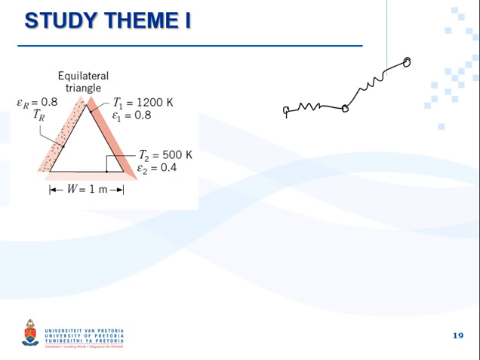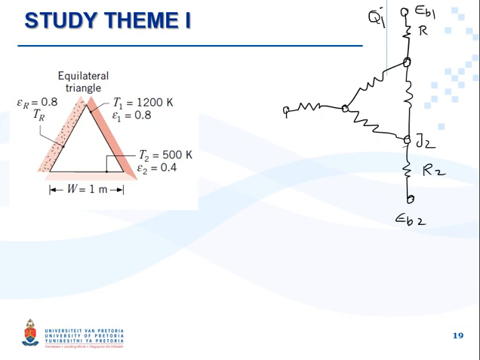So this is Q1, this is EB2, R2, J2, EB1, R1, J1, EB3, J3, R3, R13, and R23.